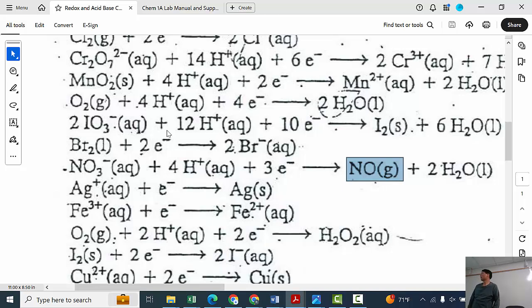And so if I think about NO, which one is harder to take electrons from? Nitrogen plus 2 or nitrogen plus 4? Which one would be harder to take or remove electrons from? Nitrogen plus 2 or nitrogen plus 4? 2 would be harder or 4 would be harder?